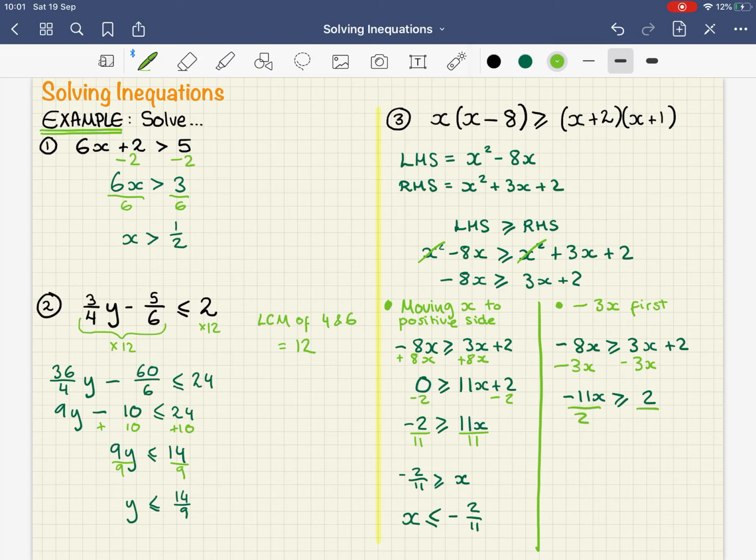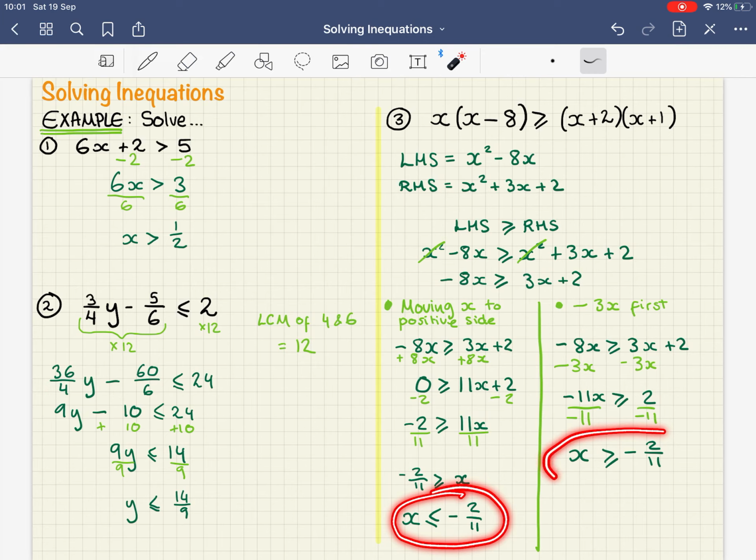And then divide by... oh, not divide by 2, what am I doing? Divide by 11, or negative 11. So now I'm going to have x is more than or equal to negative 2 over 11. And we can see we've got different answers between these two different methods.